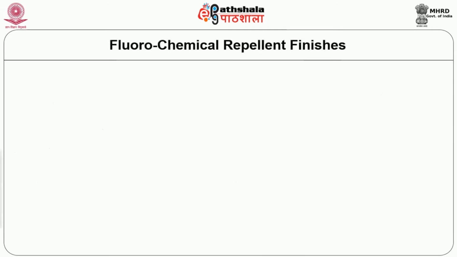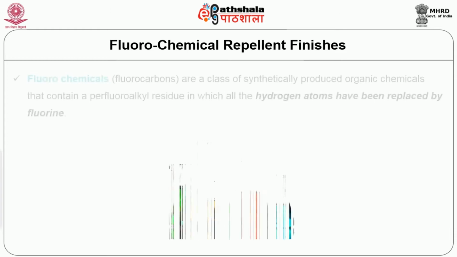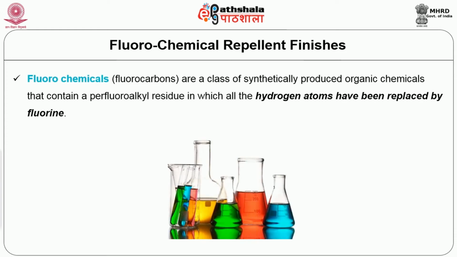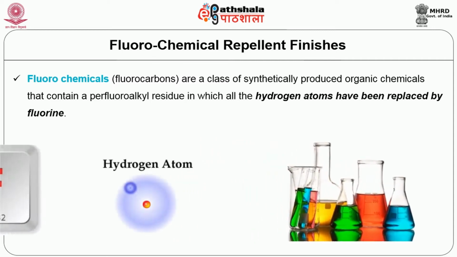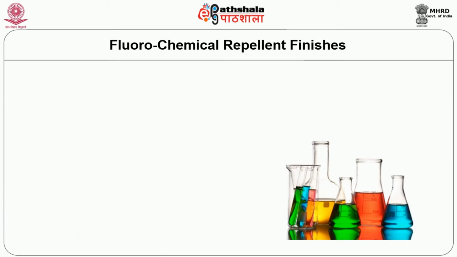We will be seeing fluorochemical repellent finishes. Fluorochemicals, that is fluorocarbons, are a class of synthetically produced organic chemicals that contain a perfluoroalkyl residue in which all the hydrogen atoms have been replaced by fluorine.